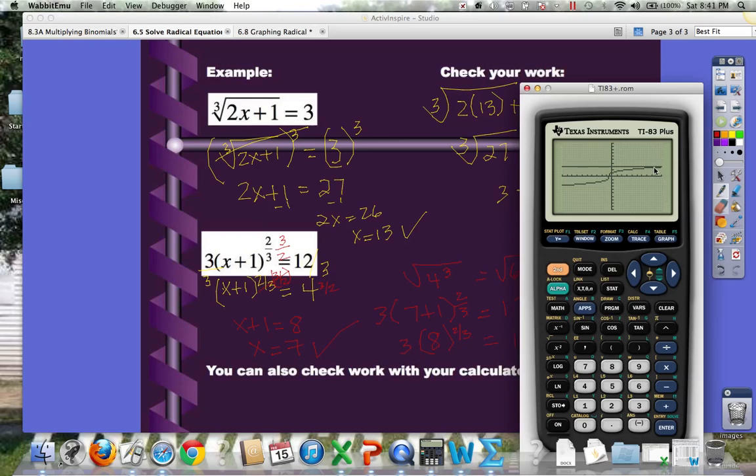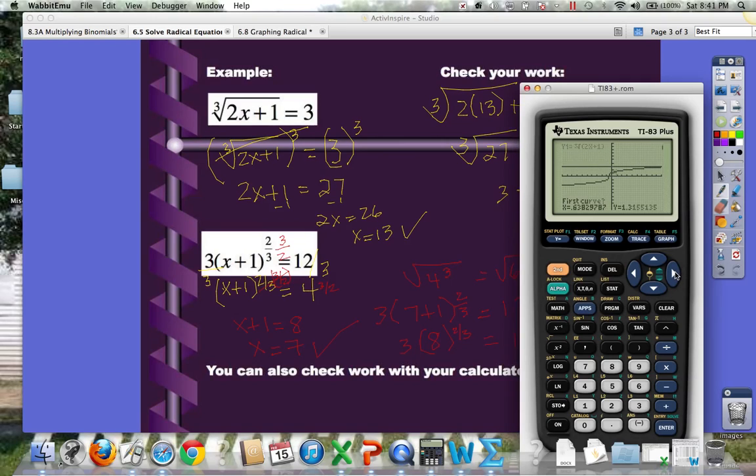What I want to show you is what's happened over here. So I'm going to go second trace, and I'm going to hit value. What I want is the intersection. Let's do intersection.